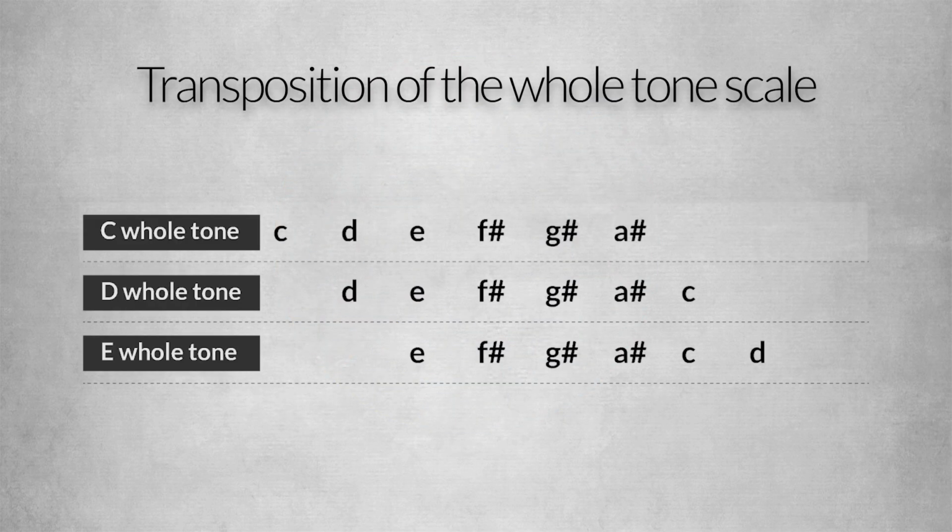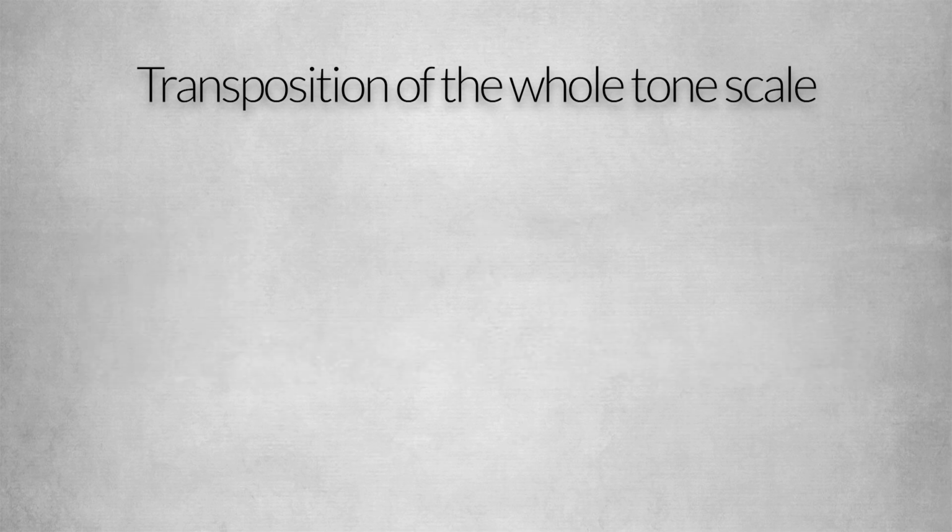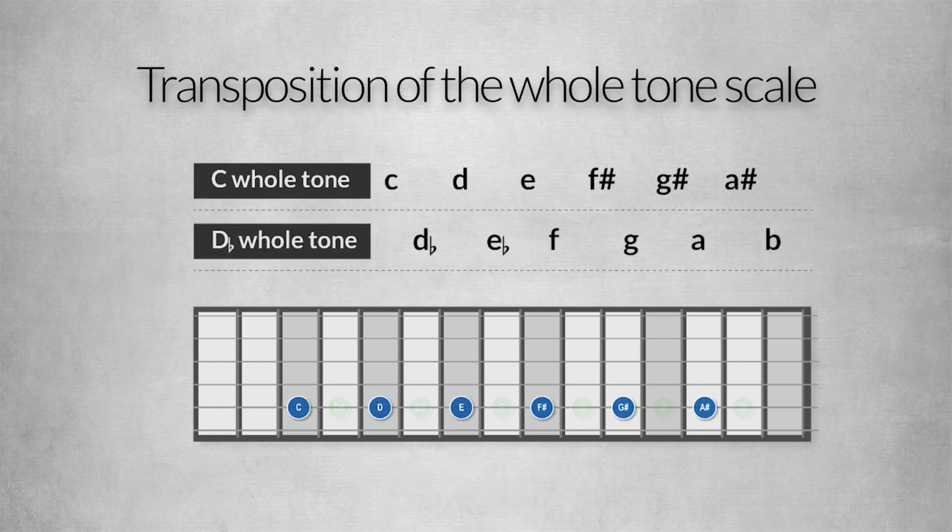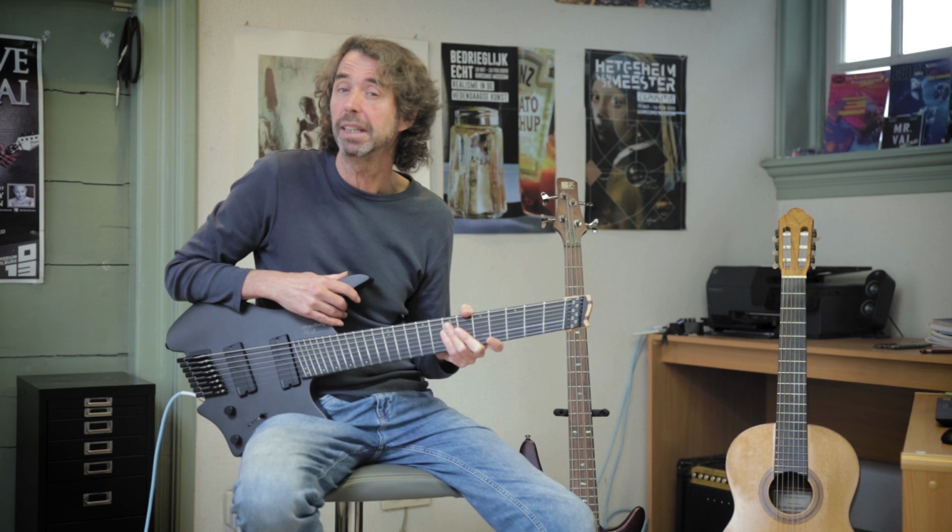Now, when transposing the C whole tone scale to the D whole tone scale, we'll end up with exactly the same set of notes. And when transposing it, for instance, to the E whole tone scale, we'll end up with the same set of notes again. Only when transposing the whole tone scale to a note that is a semitone higher or lower, the set of notes completely changes. So it was clear that the transpositions were severely limited.